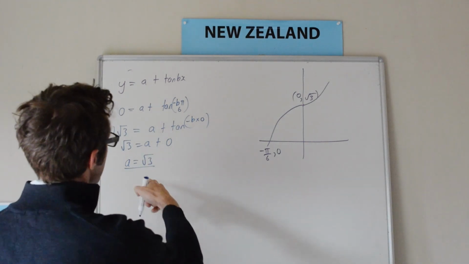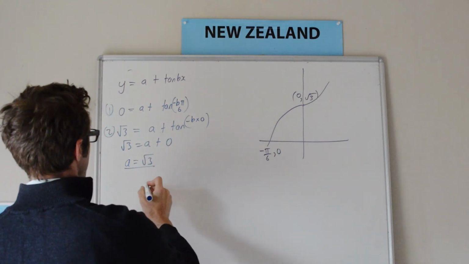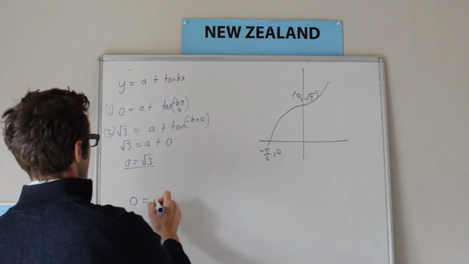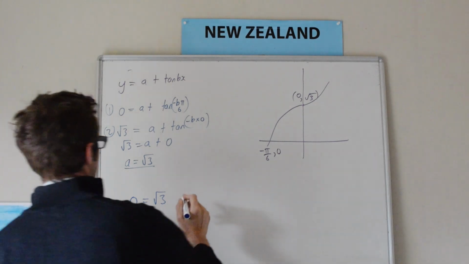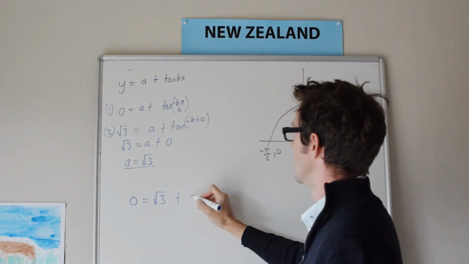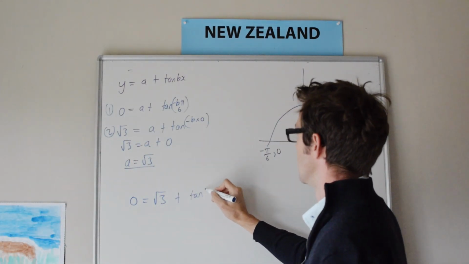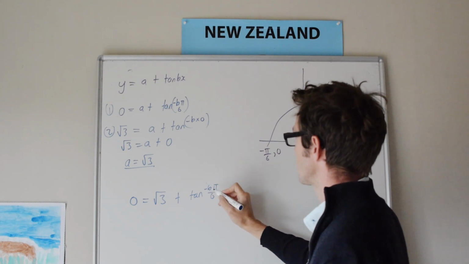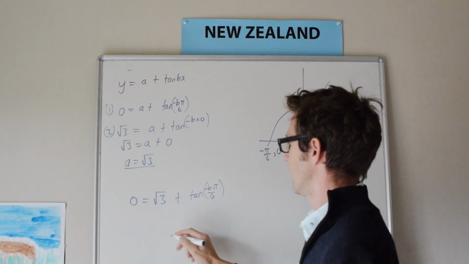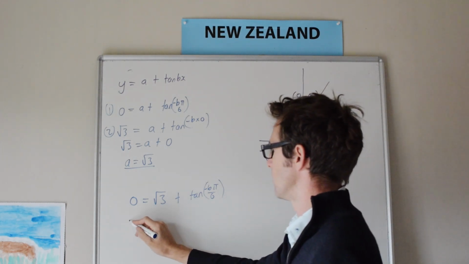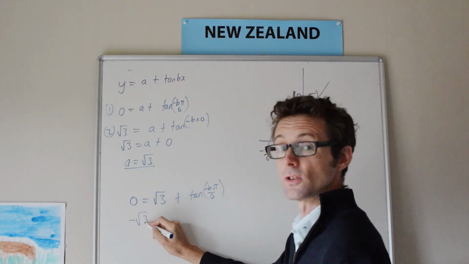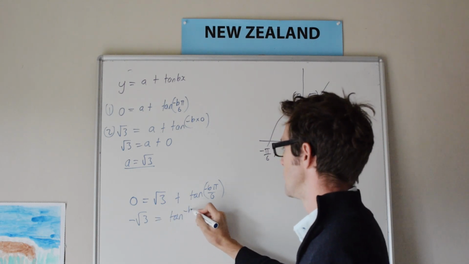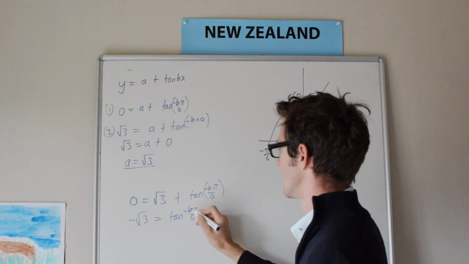Now at this point we can put this into our first equation. So 0 equals square root 3 plus tan minus B pi over 6. Alright, and I'm going to pop this over to here, so I've got negative square root 3 is equal to tan minus B pi over 6.